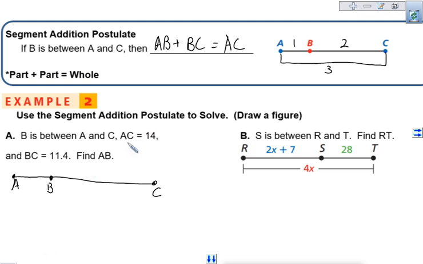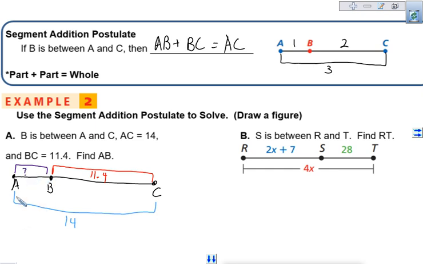We know that the length of AC, so this whole thing, is 14. We know that the length of BC, this, is 11.4. And we are looking for the length of AB.